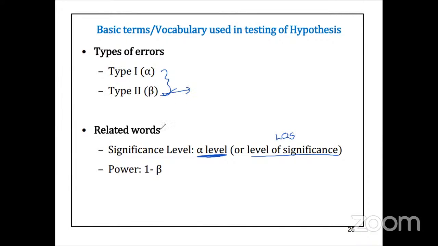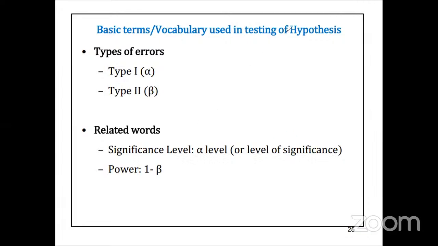Beta is another type of error, known as type 2 error. But 1 minus beta represents the correct decision, so 1 minus beta will be the power of the test. These are the commonly used phrases: type 1 error or level of significance, and type 2 error, which is related to the power of the test.